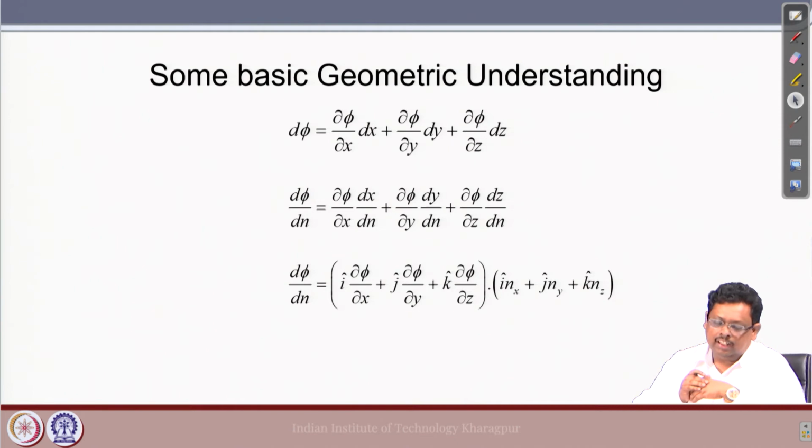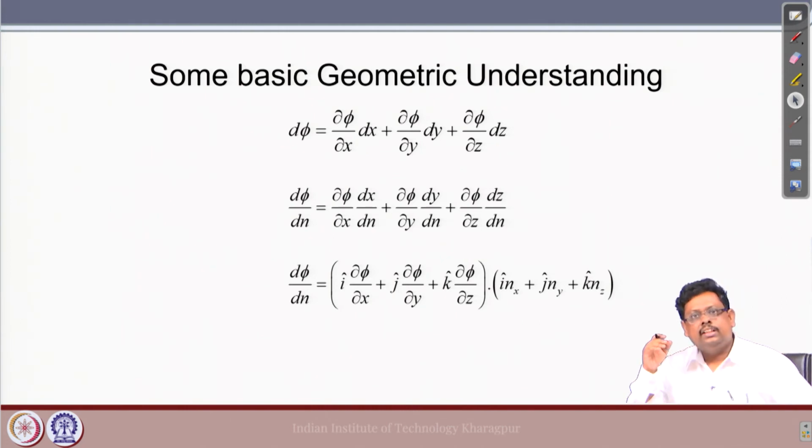And similarly, I can write del x del n equal to n x, del y del n equal to n y and del z del n equal to n z. So, that is also a vector form, with n x as the ith component, n y the jth component and n z the kth component.